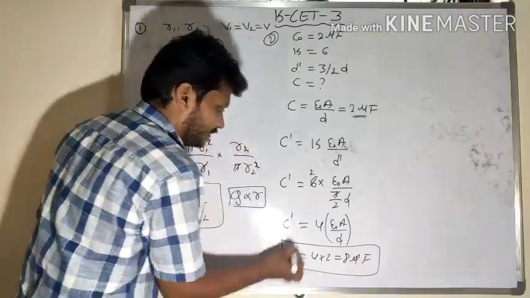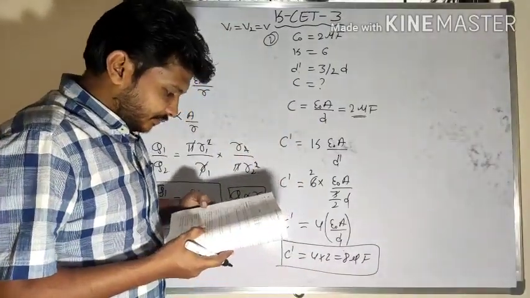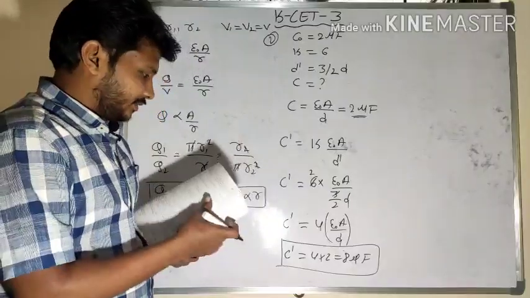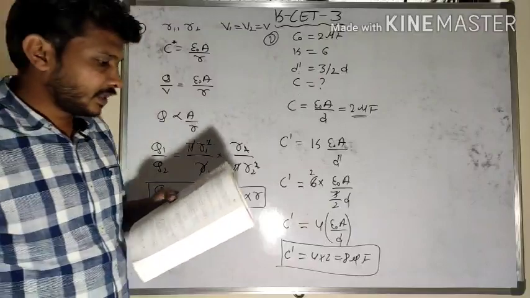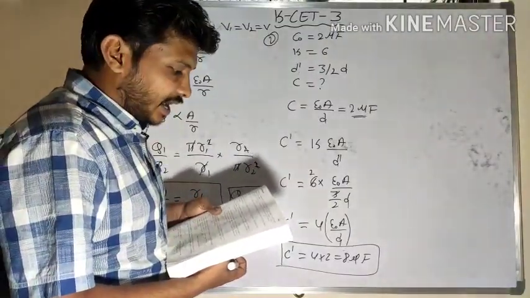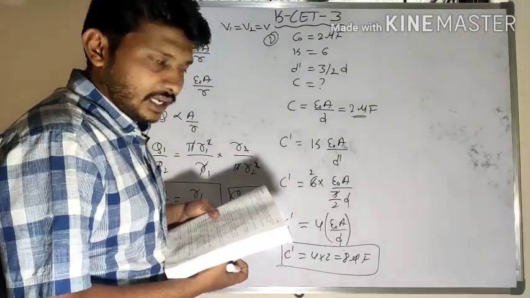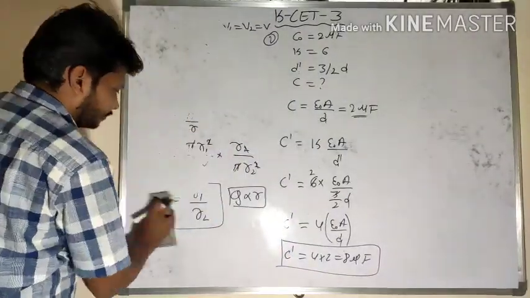So we'll look at the next one. Two small spheres of radius 12 centimeter and 6 centimeter have equal charges. Look at the question here.